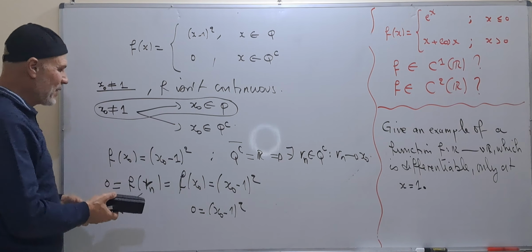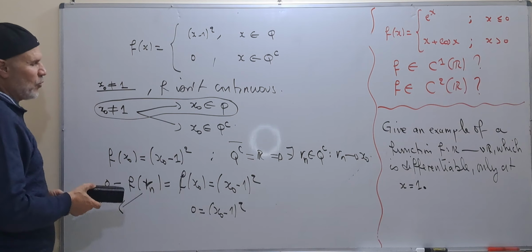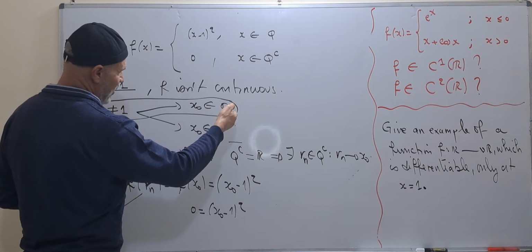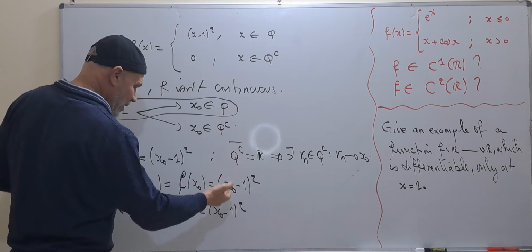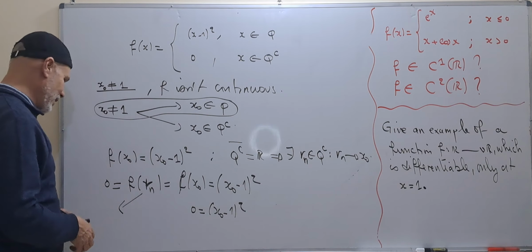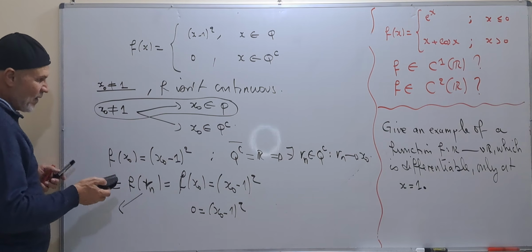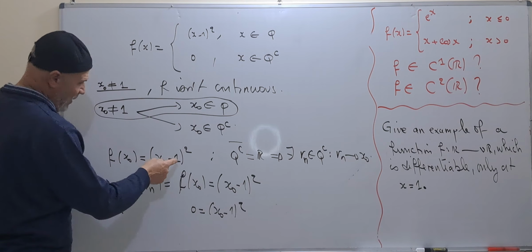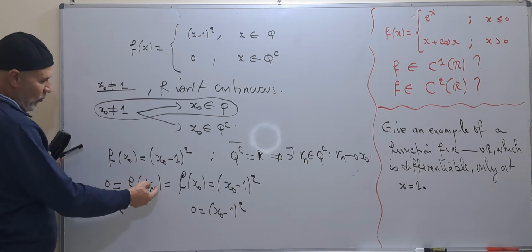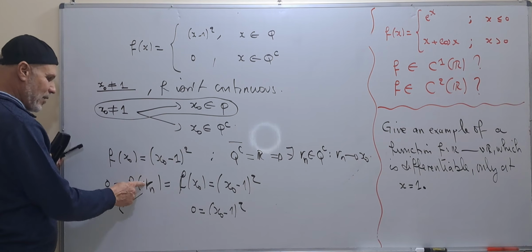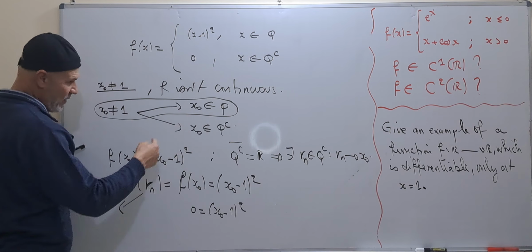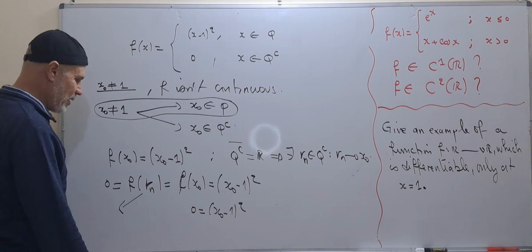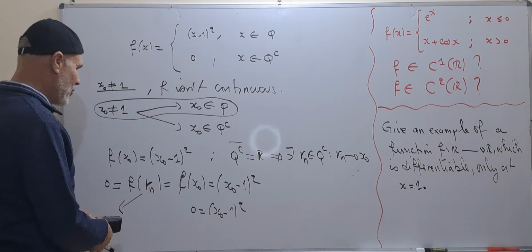We can use the same technique to show that if x0 is in Q complement, irrational, then from this side we get 0, and from the other side we get a sequence from Q which converges to x0, and we have actually the same contradiction.